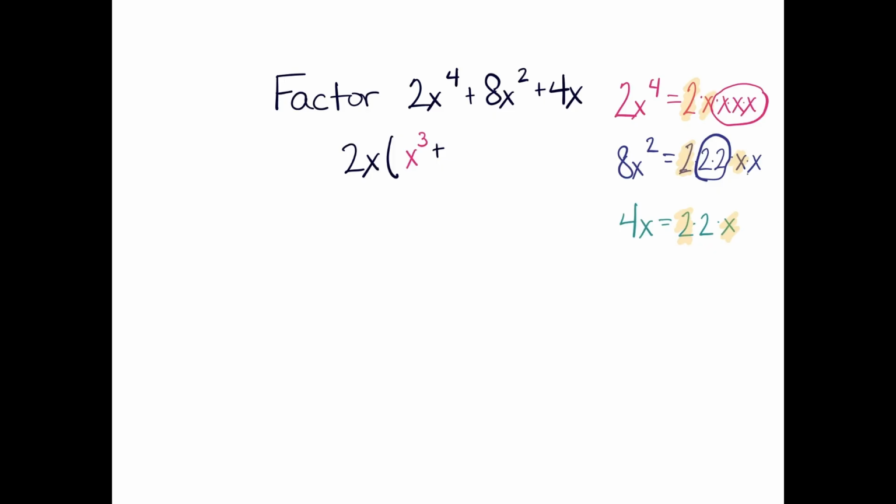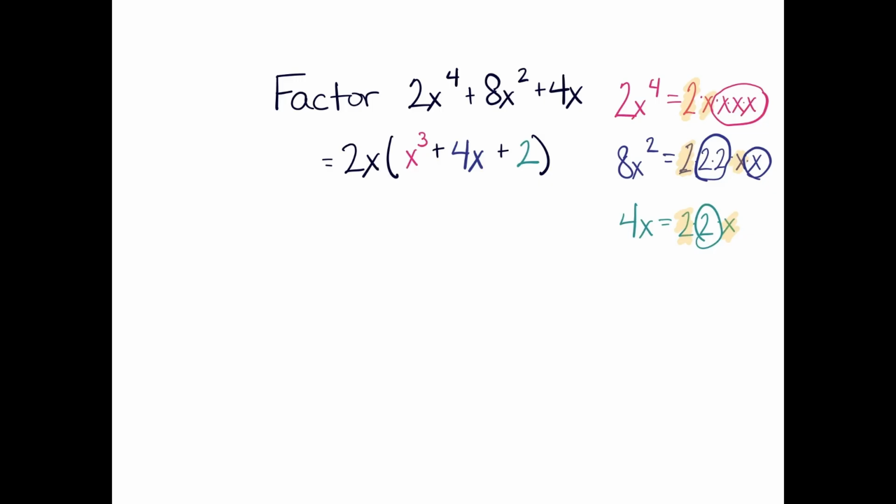I'm left with 2 times 2 times x, which simplifies to 4x. And in the last term, that 4x, I'm left with just a 2. So I have 2x times x cubed plus 4x plus 2 when I factor out the greatest common factor.